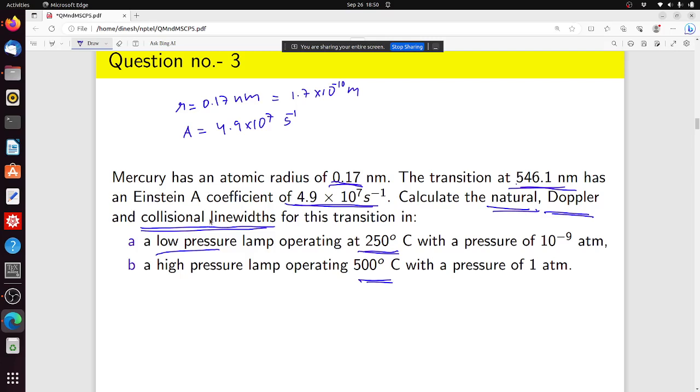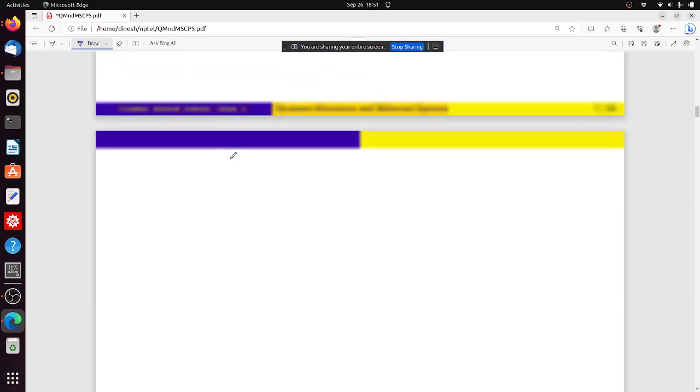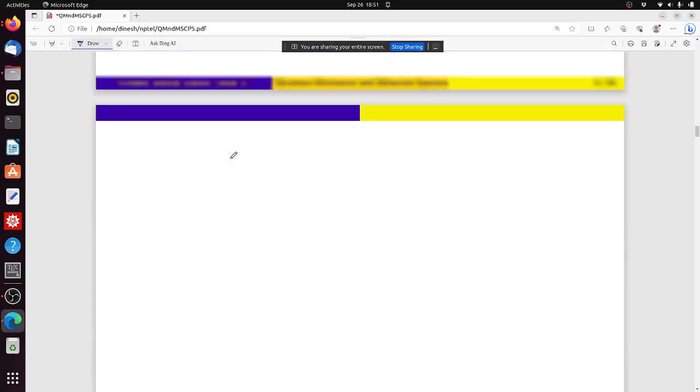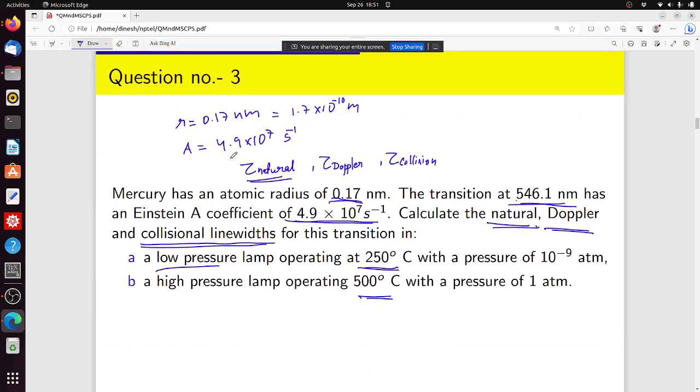Then we need to calculate this tau natural, tau Doppler, and tau collision. Okay, so the tau natural formula we know, we did it in question number 1.